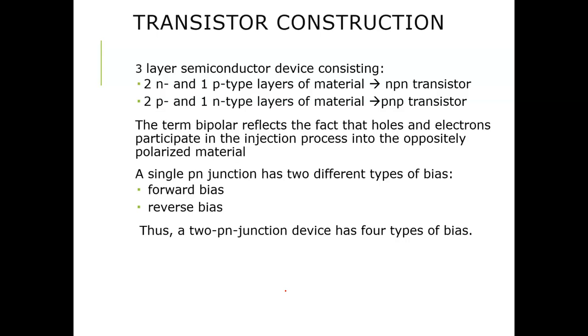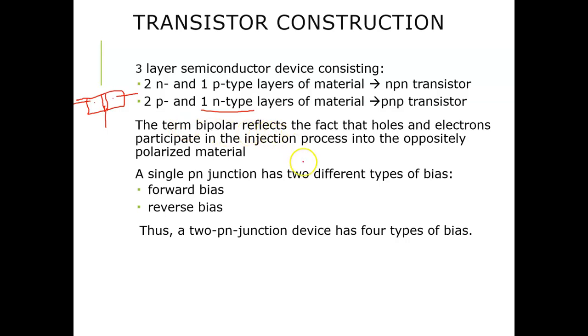And for a PNP transistor, you would be having one N-type layer and two P-type layers. The formation would be such that you would be having a sandwich, and in the center of the sandwich you would be having the base. On the other sides, you would be having emitter and collector. So three terminals would be taken into consideration like this.